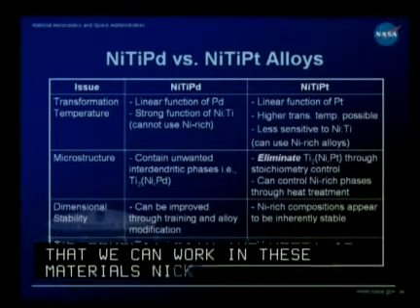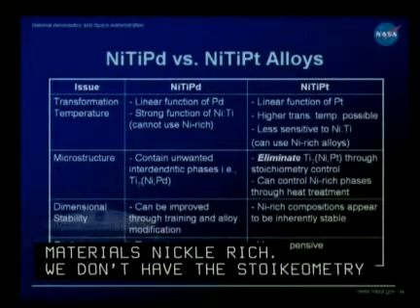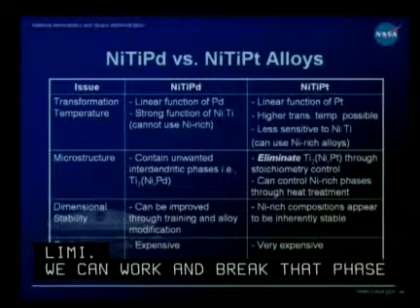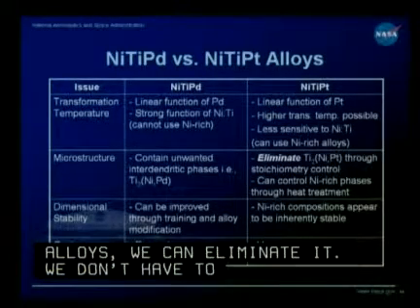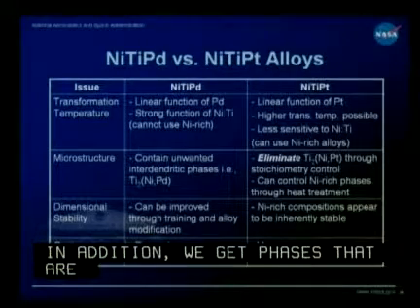That frees us up to do things with the microstructure. Ti2Ni is a bad phase. We're kind of stuck with that in the titanium-rich alloys, but we can't help it. All we can do is mechanically work and break that phase up. In the platinum-containing alloys, we can eliminate it. We don't have to worry about that phase. And in addition, we get phases that are beneficial. We get fine precipitate phases that we can manipulate for strengthening concerns.